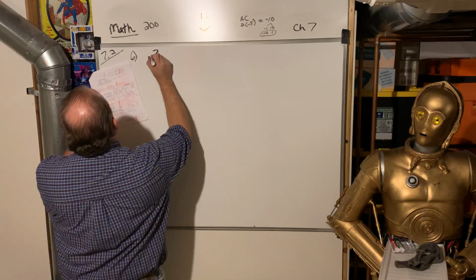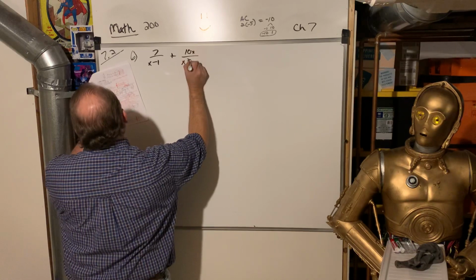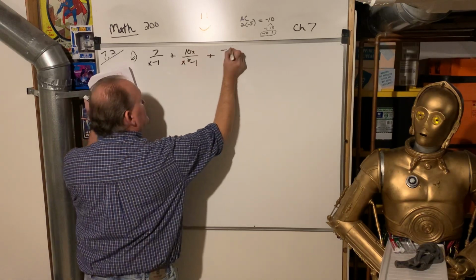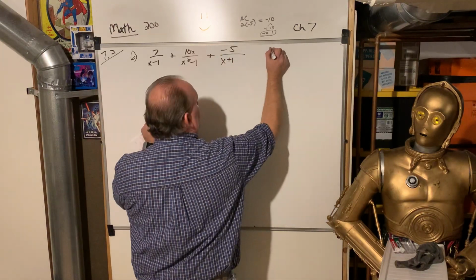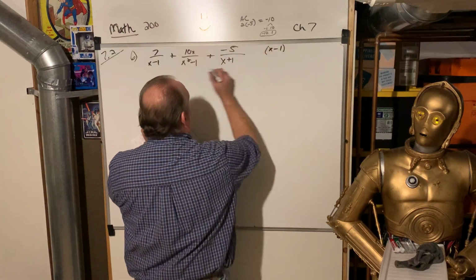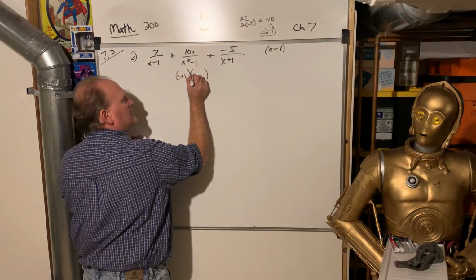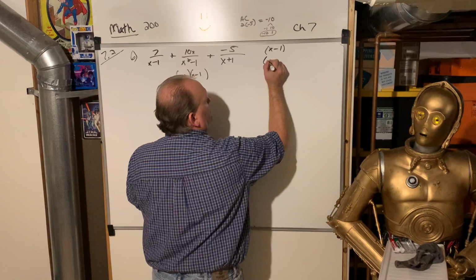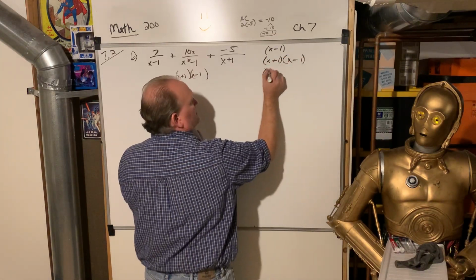So we got 7 over x minus 1, we got 10x over x squared minus 1, and we got plus -5 over x plus 1. So x minus 1 is already factored. X squared minus 1 becomes x plus 1, x minus 1. And x plus 1.